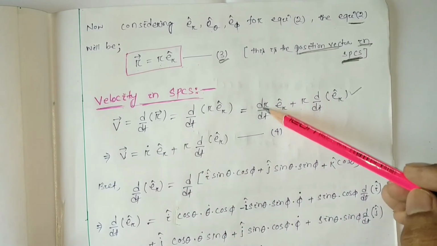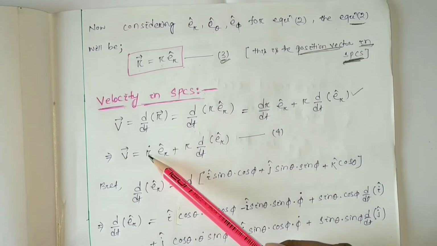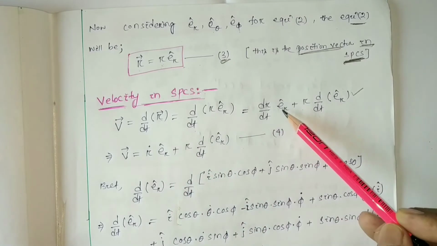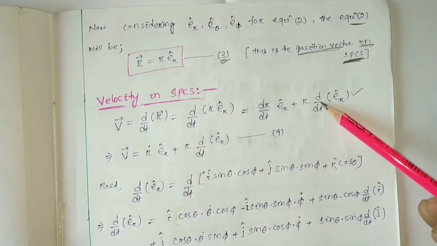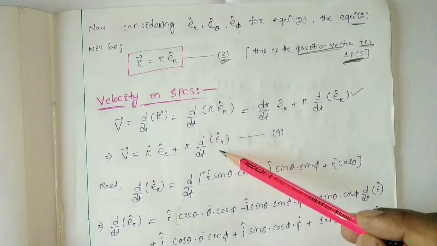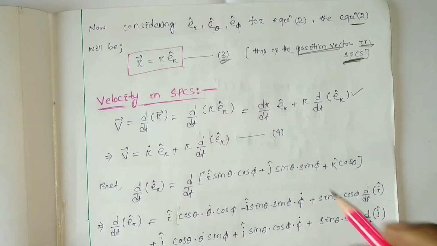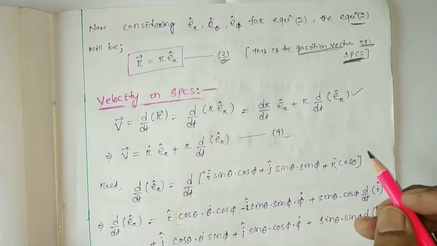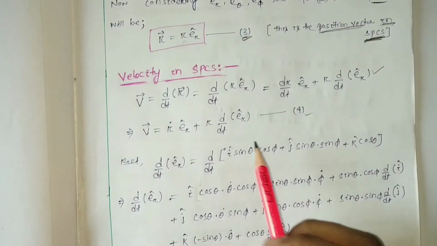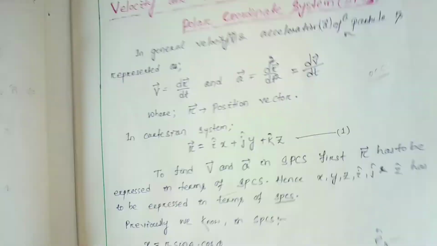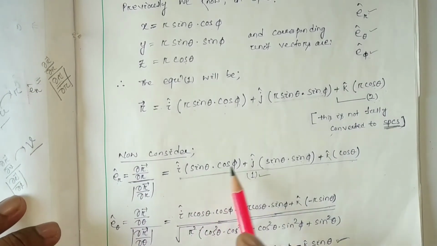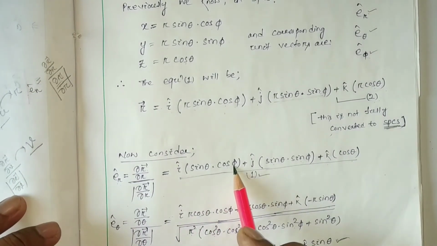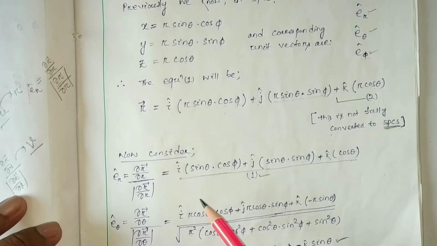So here we can write r dot e r cap plus r d by dt of e r cap, written as usual. Let this be your equation number 4. Now here you can see that e r cap is a function of theta and phi, which always changes with respect to time.